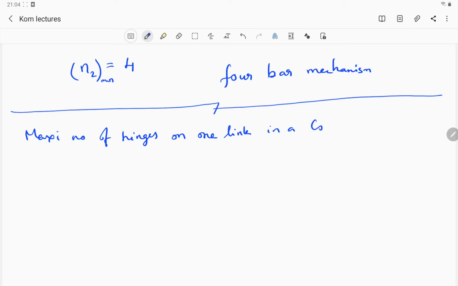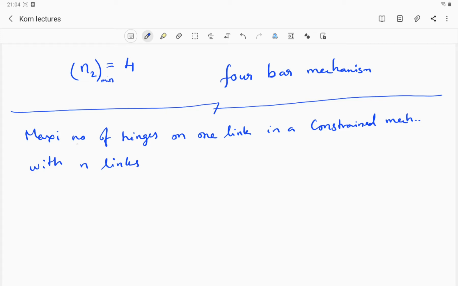And that is in a constrained mechanism with n links. If a mechanism is having n links, then what is the maximum i value it can have?